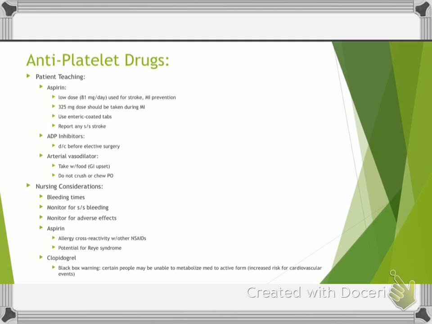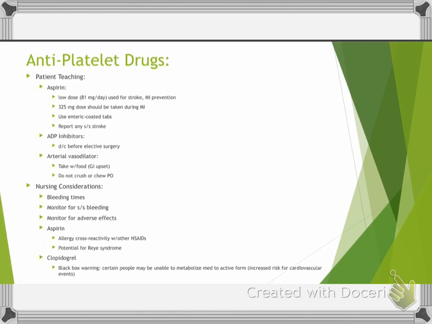Use enteric-coated tabs. This helps to prevent GI upset and bleeding because the medication will not dissolve in the stomach. It will wait until a more alkaline state to dissolve. If you guys remember that about enteric-coated tablets. Report any signs and symptoms of stroke.